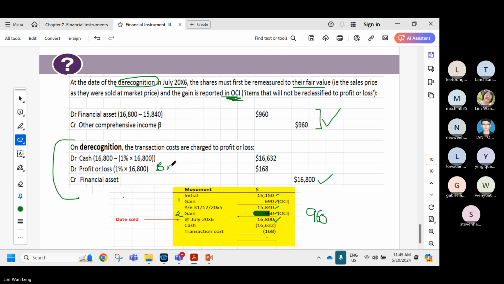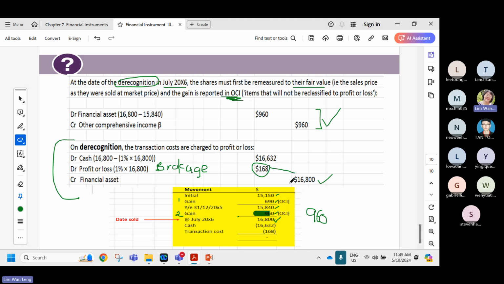Brokerage charges. Okay, this is 1% of 16,800.